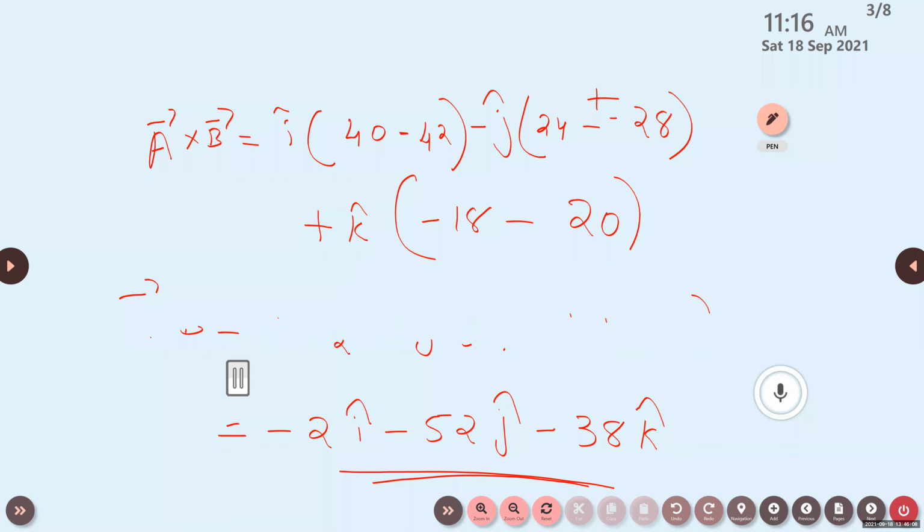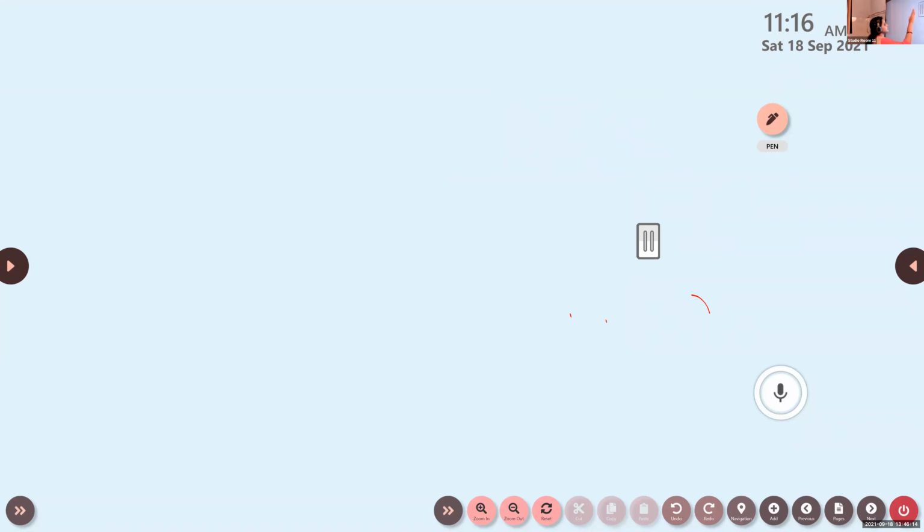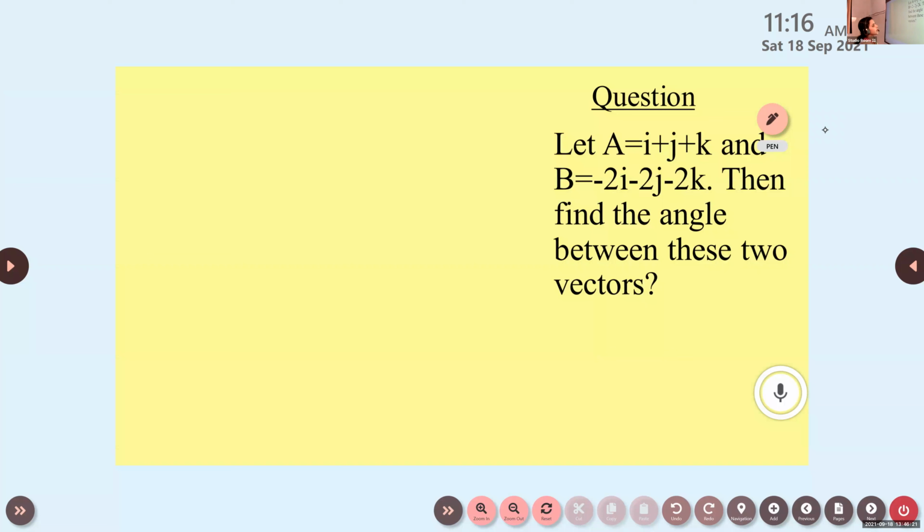Yes, ma'am. Okay, so today we are going to do some numericals regarding vector multiplication, including both cross product and dot product. So now you can copy down the question and we can do it here. Let vector A be I cap plus j cap plus k cap, and vector B be minus 2 I cap minus 2 j cap minus 2 k cap.